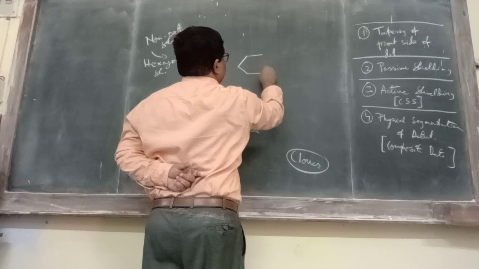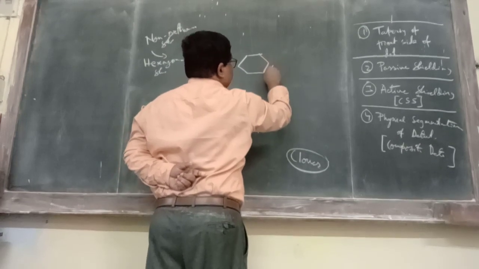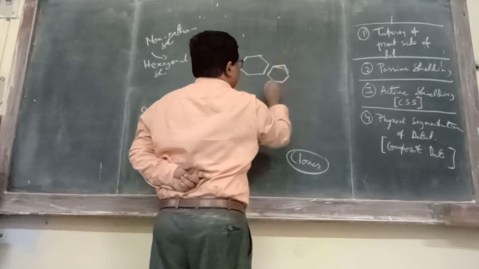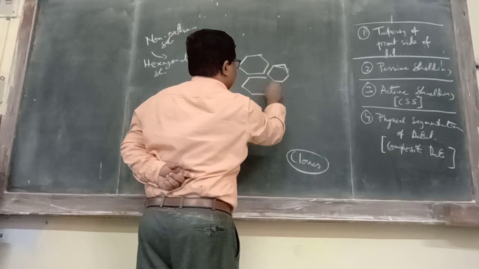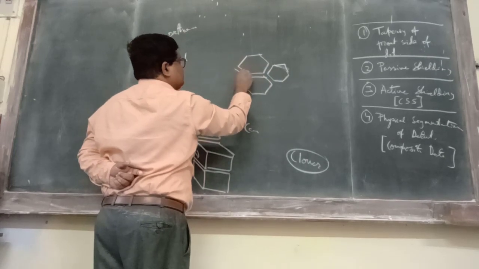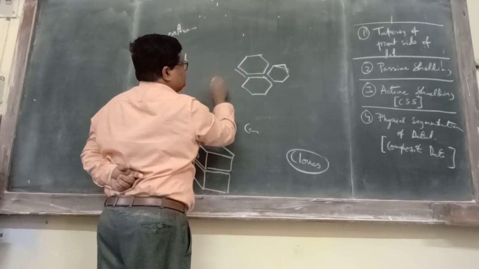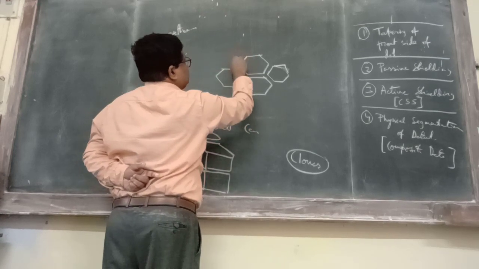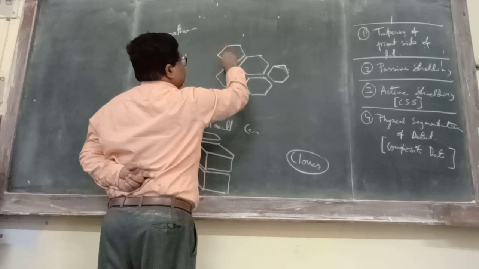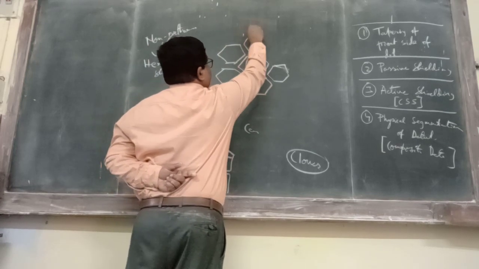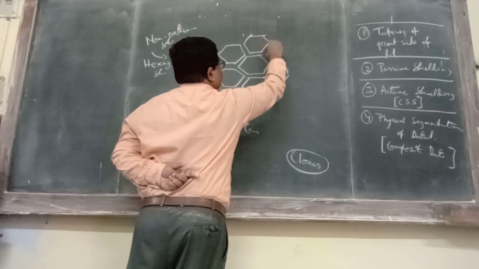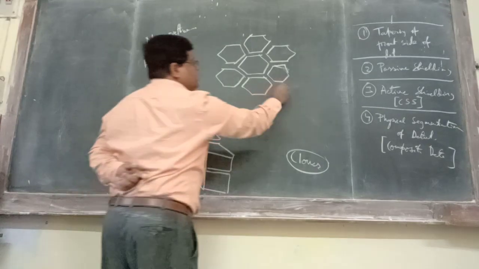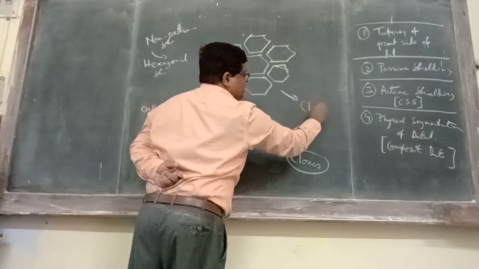Here, this is one module. This is another. This is another. How many detectors are there? 7 detectors. This is known as a cluster detector.